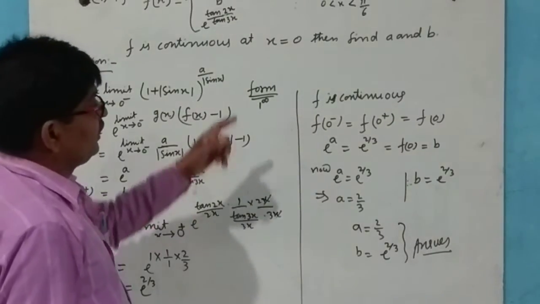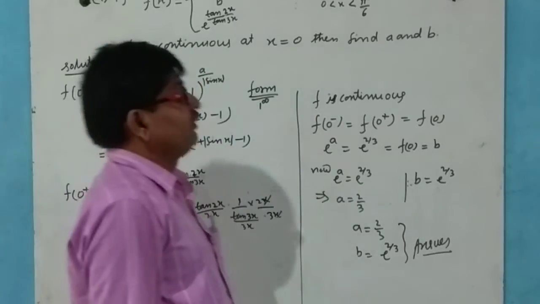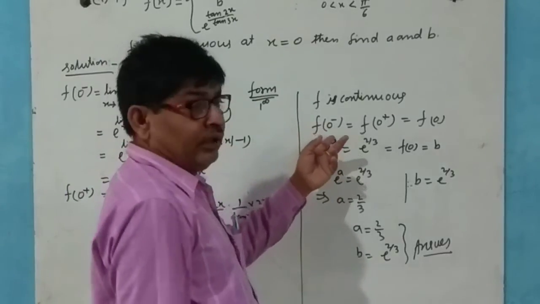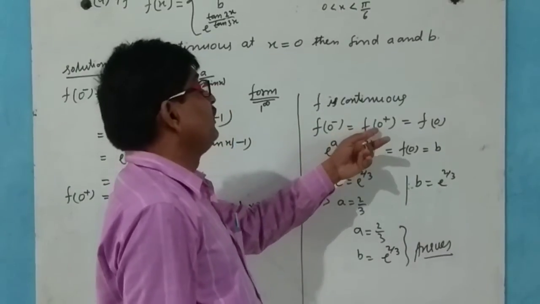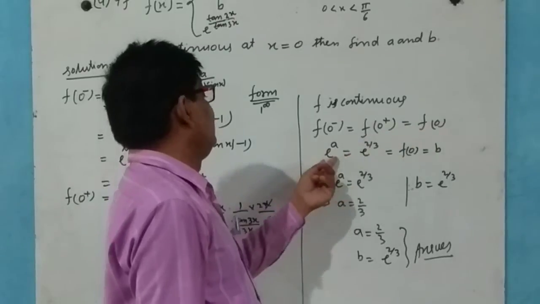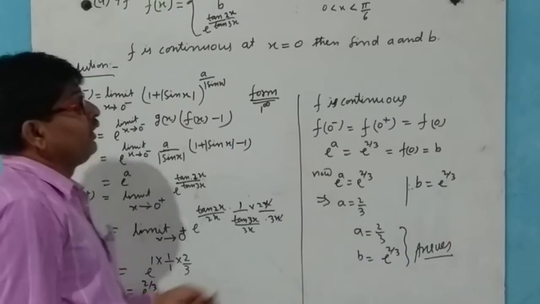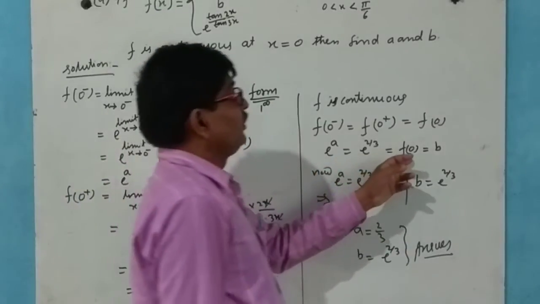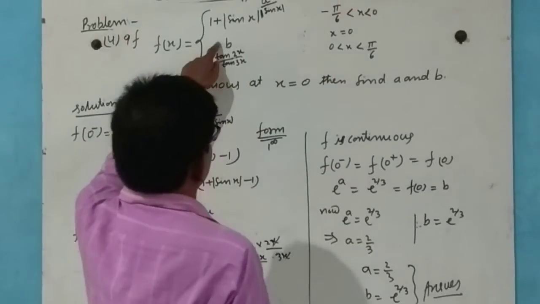Now f is continuous and it is given, so that f(0 minus) and f(0 plus), f(0) e to the power a, and here e to the power 2 by 3, that is equal to f(0), which is equal to b.